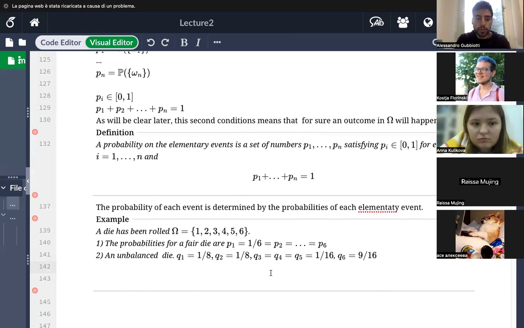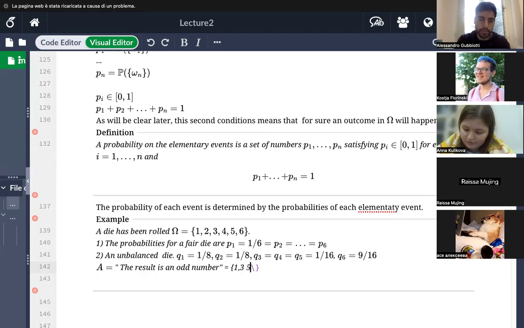And now we want to compute, for instance, the event that the result is an odd number, which is equal to 1, 3, 5.